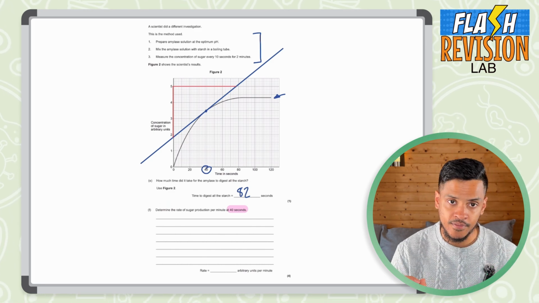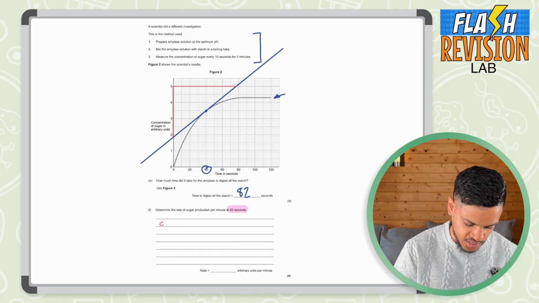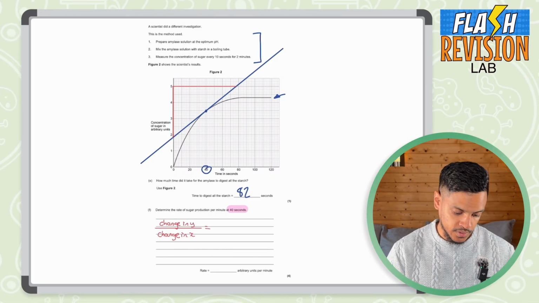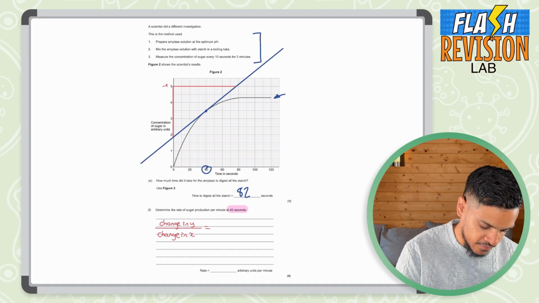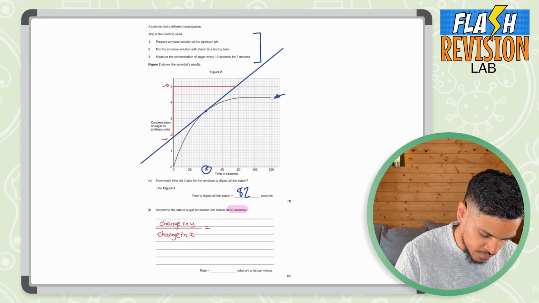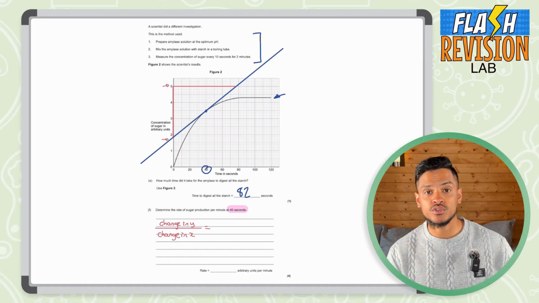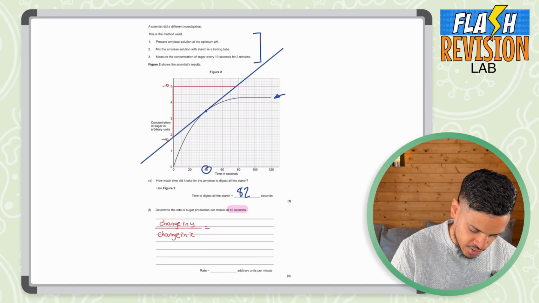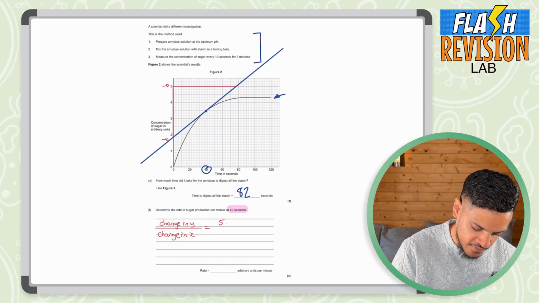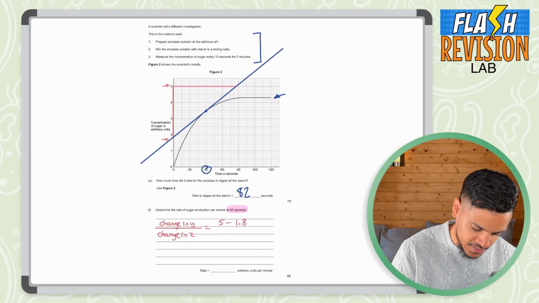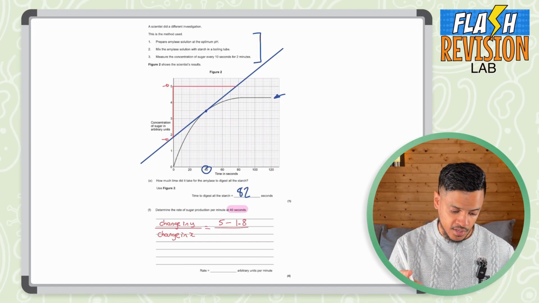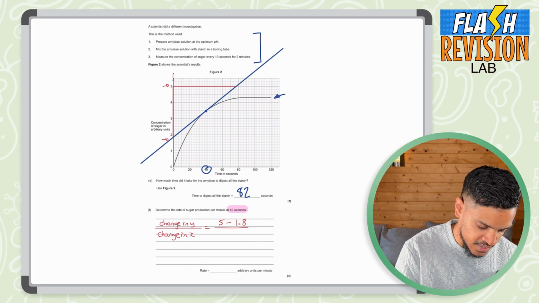We need to work out the values. So change in y over change in x. So change in y is the height of that triangle. So it ends up at 5. We need to know what that starting point is. I'd say it's about 2 small squares below 2. So that's 1.8. So the change in y will be 5 minus 1.8. Now, to find the change in x, that's the horizontal length, we're starting off at 0 here.